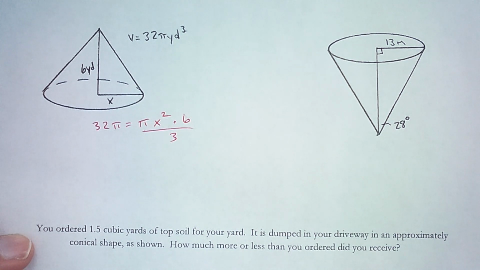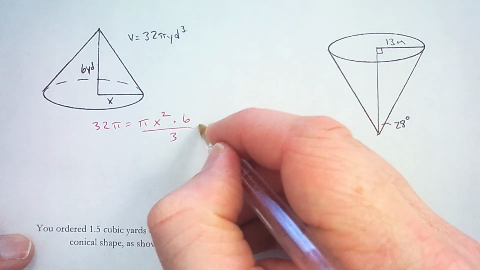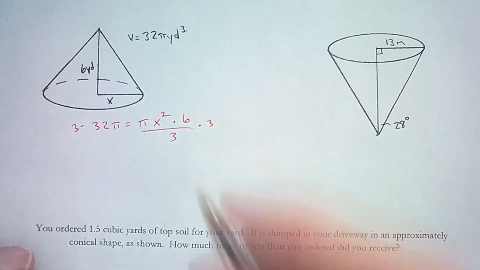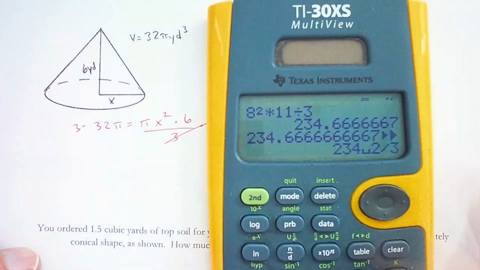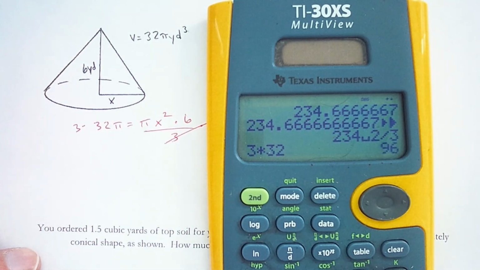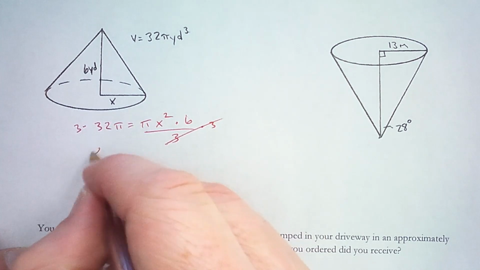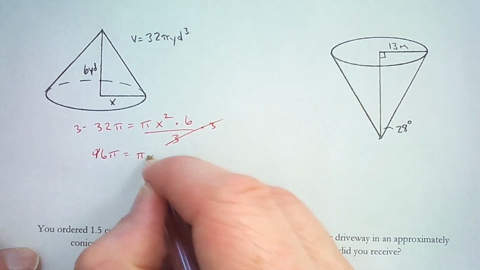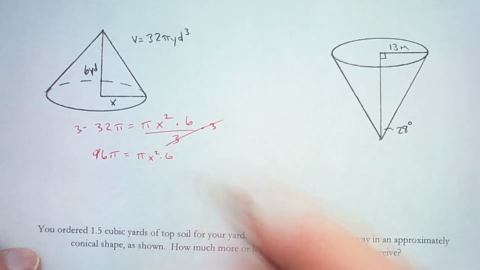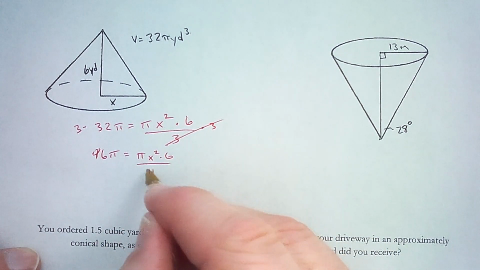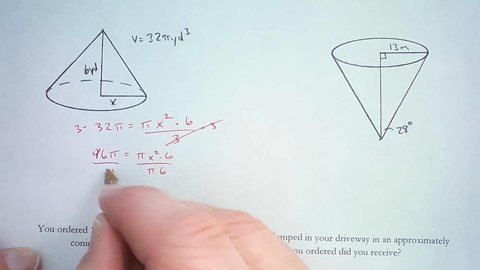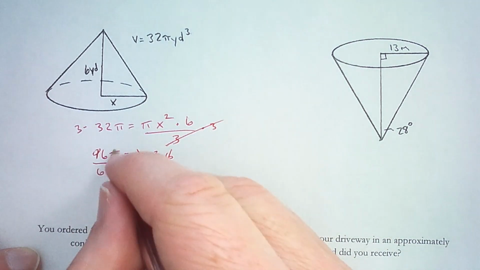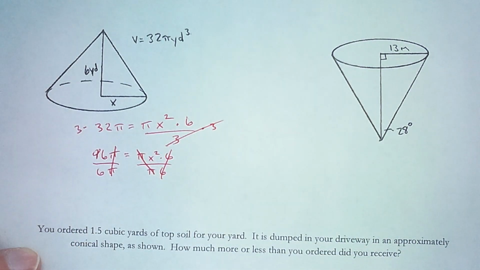We'll multiply both sides by 3, and those cancel, so then 3 times 32 is 96. So we have 96 pi equals pi x squared times 6. Then we can divide by pi and 6. The pi's cancel, the 6's cancel, and the pi's cancel on the left side as well.